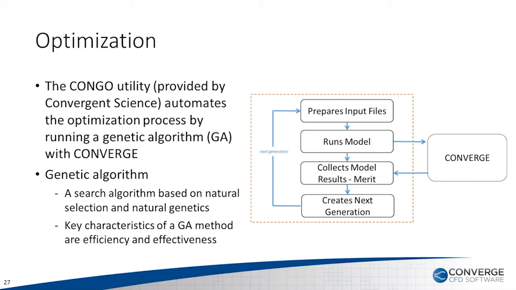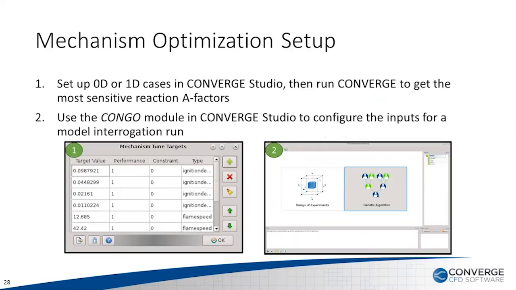Then we can stop Congo. Using a genetic algorithm for this kind of optimization is very efficient. It's also very effective. For running 0D and 1D, you get a really short turnaround time for a lot of generations.